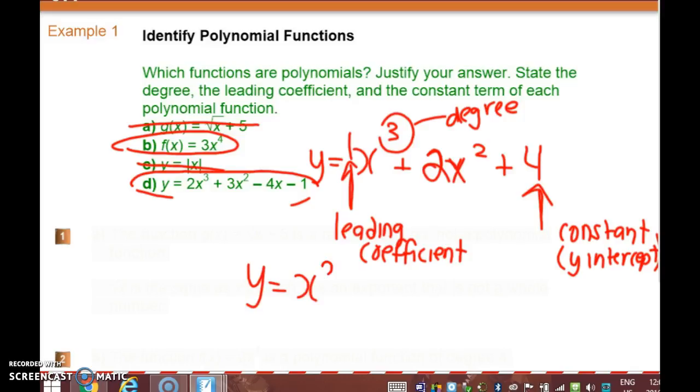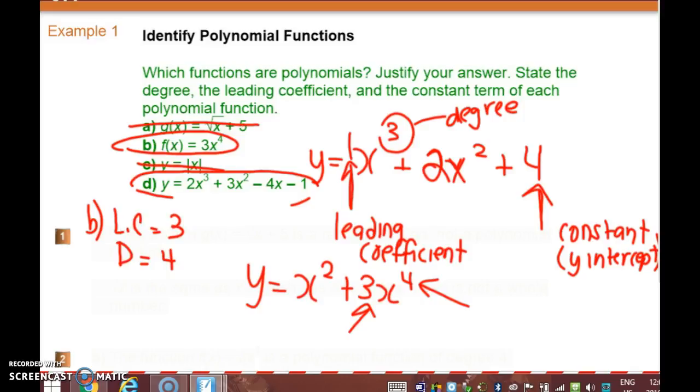So it might not always be first in the equation. So if I have this, this is the leading coefficient. This is the degree because it's the highest power in the equation. So in B, the leading coefficient is 3. The degree is 4.